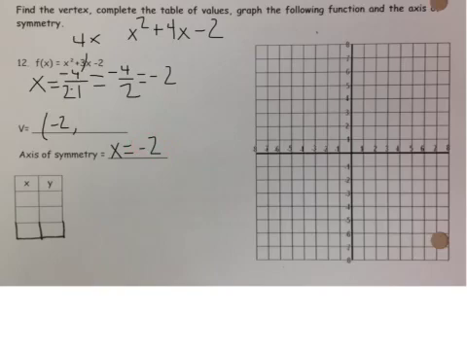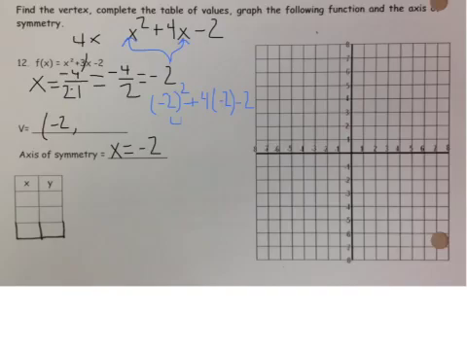Alright, now to find the y-coordinate of the vertex, I need to plug this negative 2 that I got for x into both the x at x squared and the x attached to the 4. So I'll plug it in here and here. I have negative 2 squared plus 4 times negative 2 minus 2.